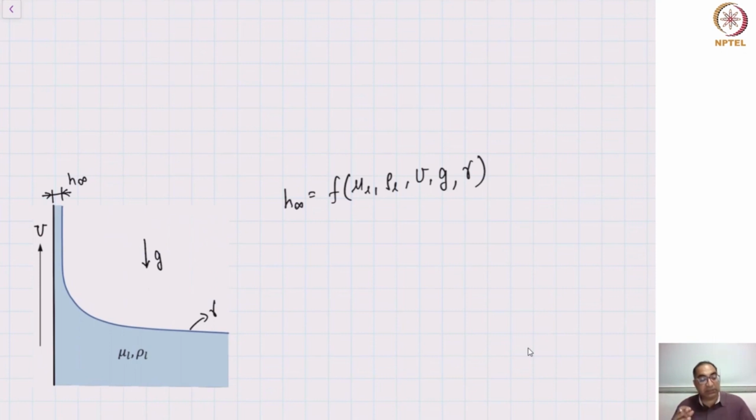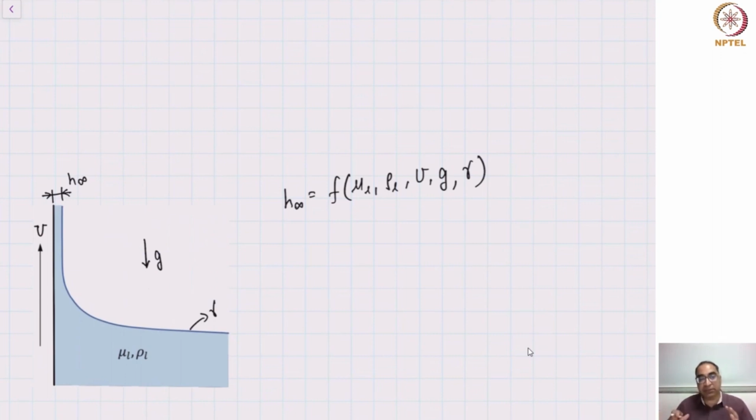You can imagine that the plate, when it's going up, because of viscous drag, is pulling the fluid up and trying to create a coating, whereas gravity is pulling the fluid down, and surface tension, because of the enormous increase in surface area, you would expect to also oppose this phenomenon. So there is a nice balance between these forces: viscous drag, which is pulling it up, and gravity and surface tension opposing it.